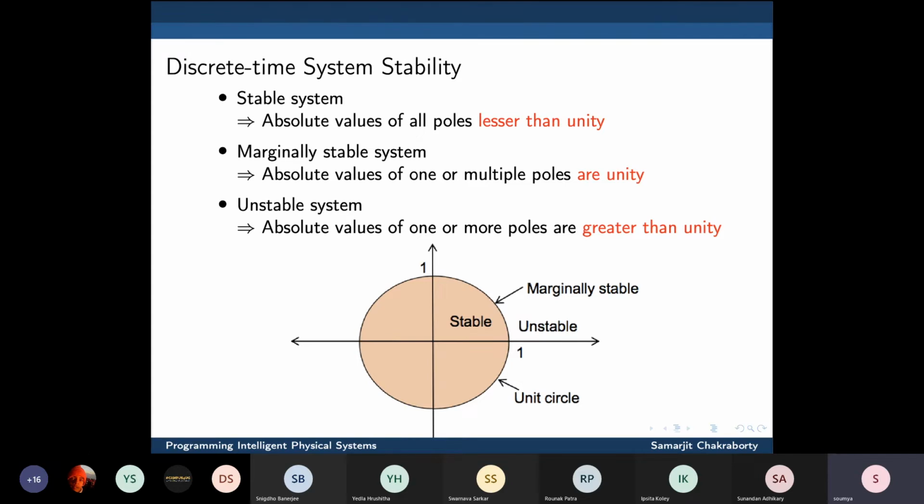Earlier, in the continuous Laplace domain, we were checking whether the poles are all in the left half plane or not. But now the condition is in the Z domain, and it becomes whether the poles are all located inside the unit circle. So you have this unit circle. If the poles are located inside the unit circle, it's stable. If on the unit circle, it's marginally stable, and outside the unit circle, it's unstable.